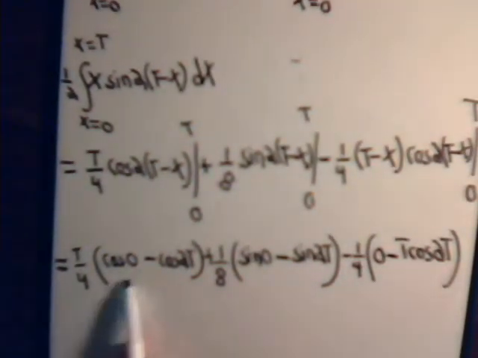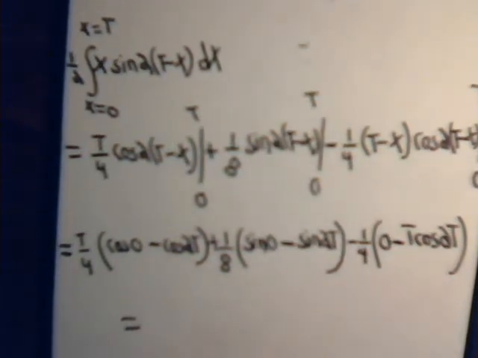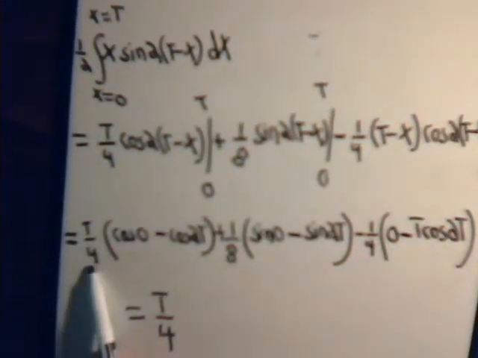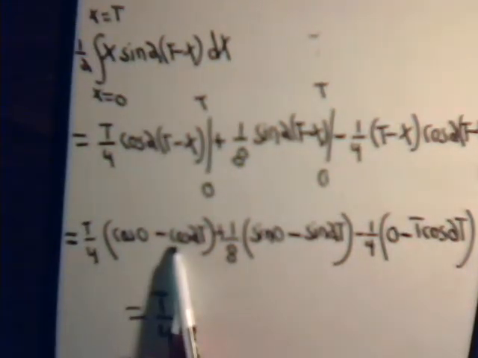So here's our expression. This is 1 times t over 4, so that equals t over 4. Then here we have minus t over 4 times the cosine of 2t. Here we'll have plus t over 4 times the cosine of 2t. Those terms cancel.